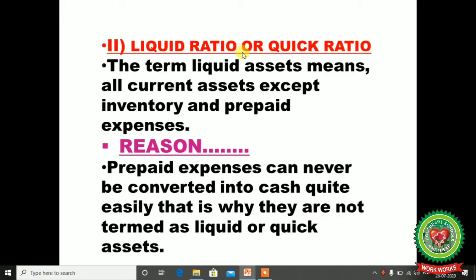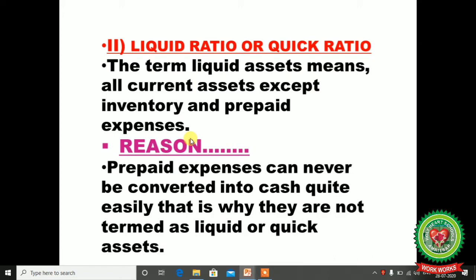The term liquid assets means all the current assets except inventory and prepaid expenses. Only one difference, students: in current assets do not consider the inventory and prepaid expenses.